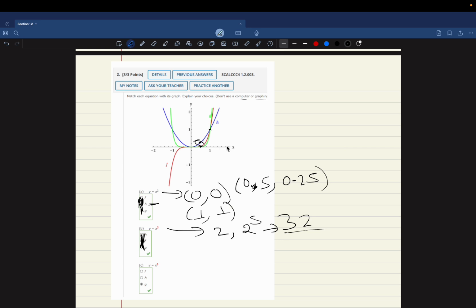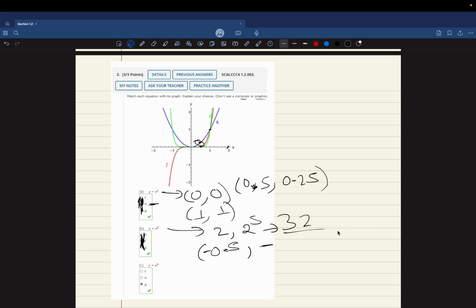So here is a 2, and then this graph is up to 2 or -2, so 32 is difficult for us to determine, so let's add 0.5 in this case also. So let's do 0.5, or we can also do -0.5, because some of the graphs are going downwards, so let's do -0.5.